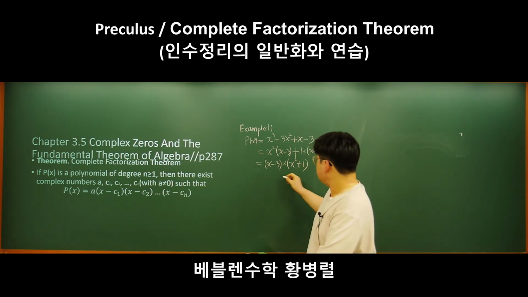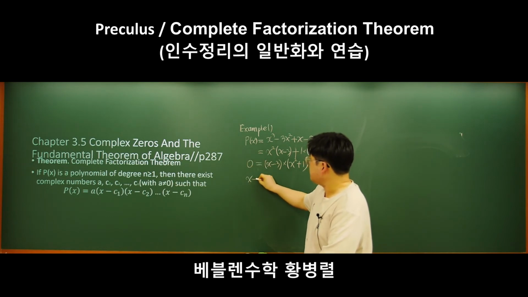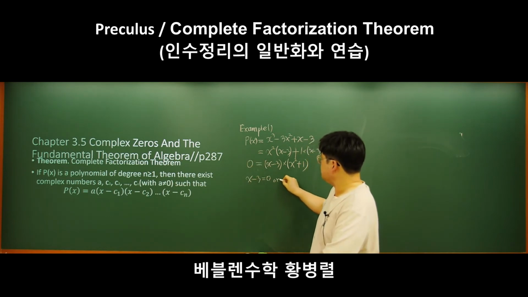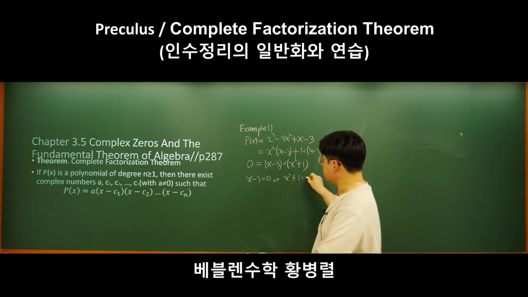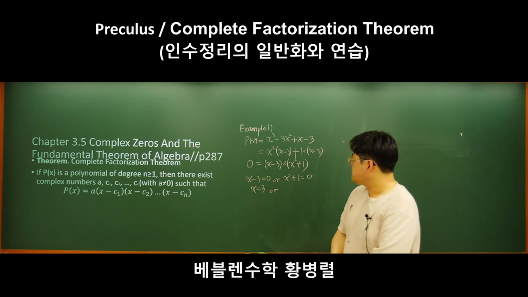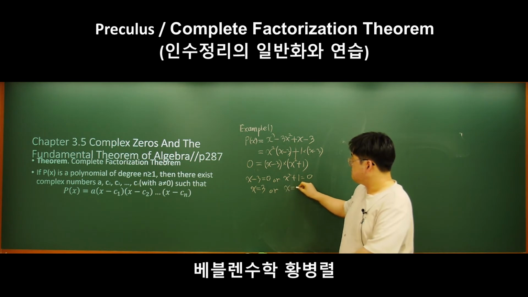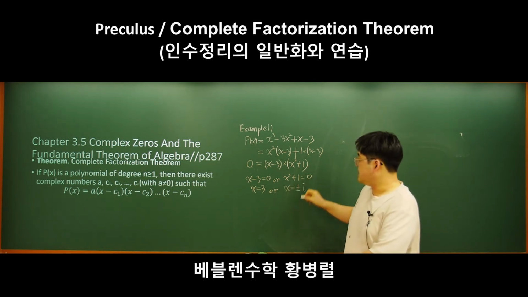If this polynomial is equivalent to 0, then x minus 3 is 0 or x squared plus 1 is 0. Then the solutions are 3, or, from x squared plus 1 equals 0, plus or minus i.